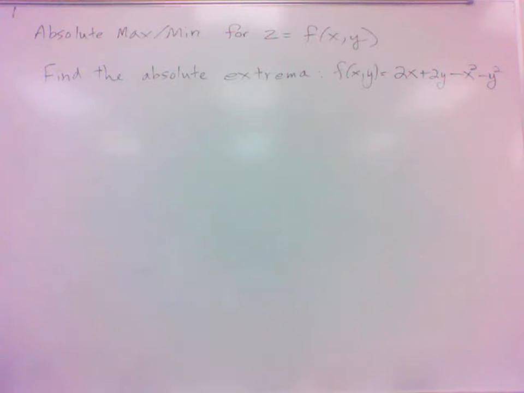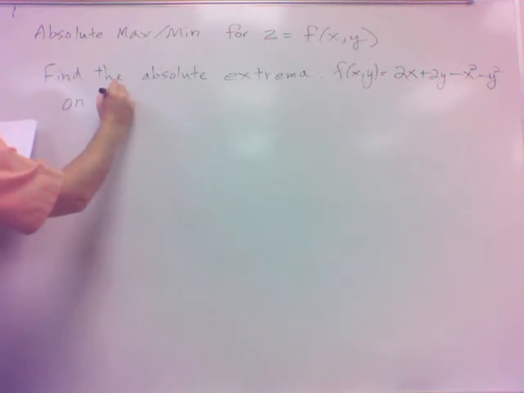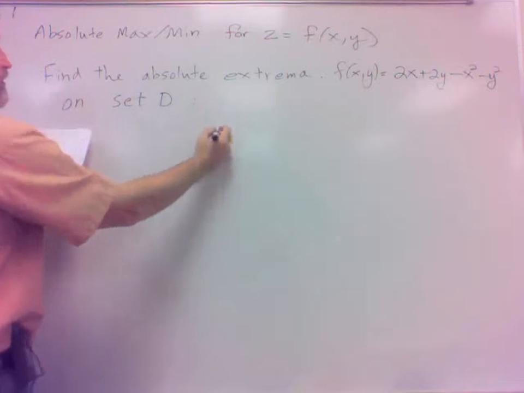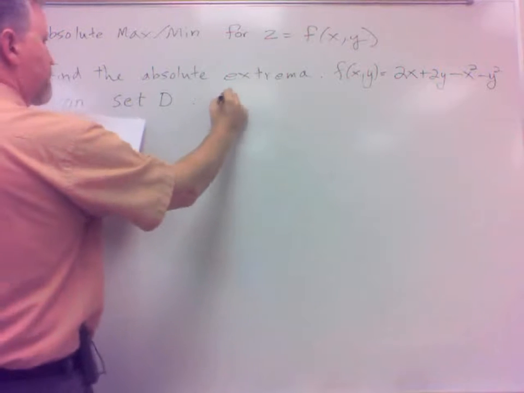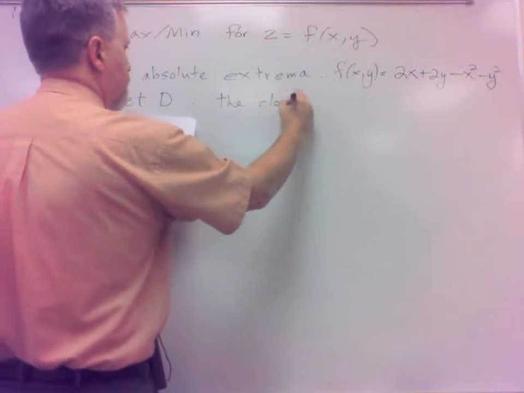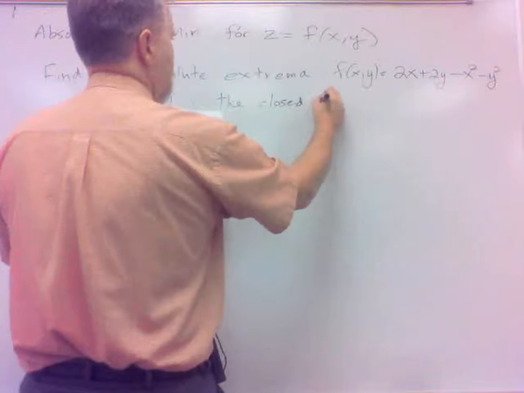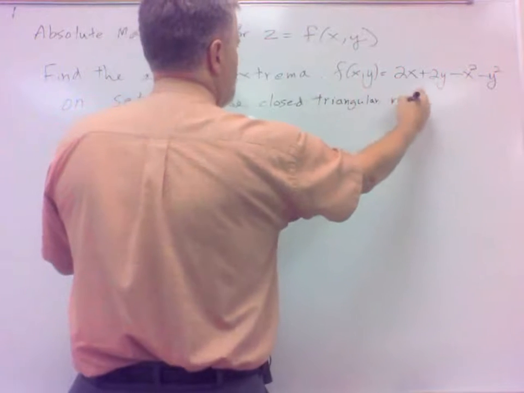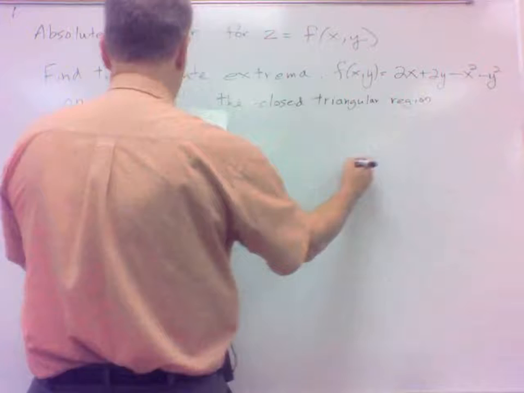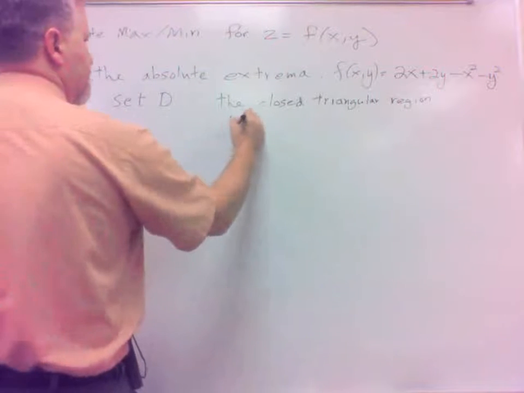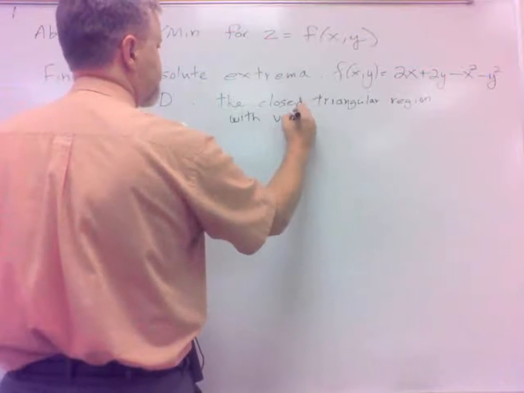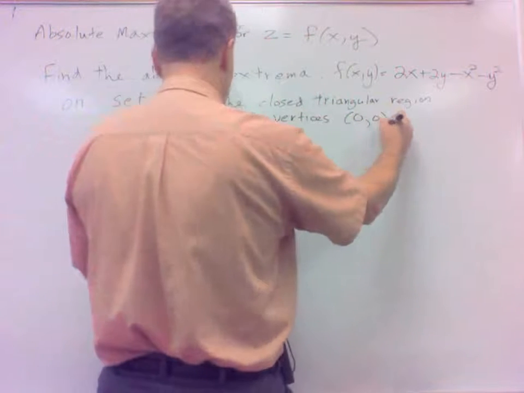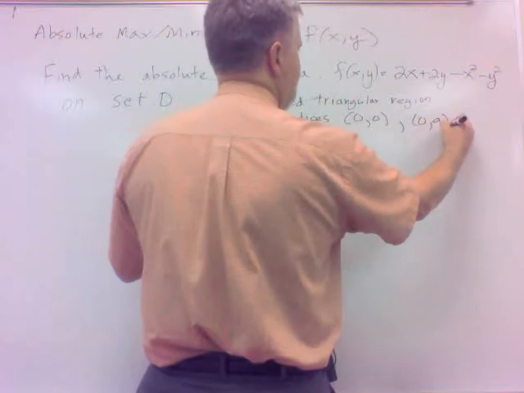And we want to find that on set D, which is going to be the closed triangular region with vertices (0, 0), (0, 9), and (9, 0).